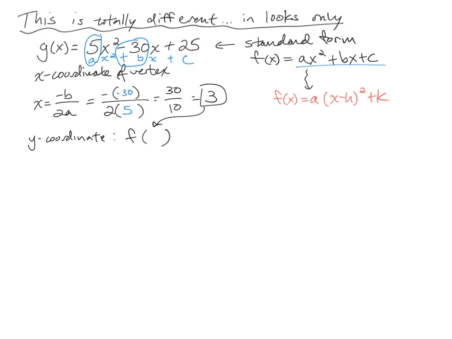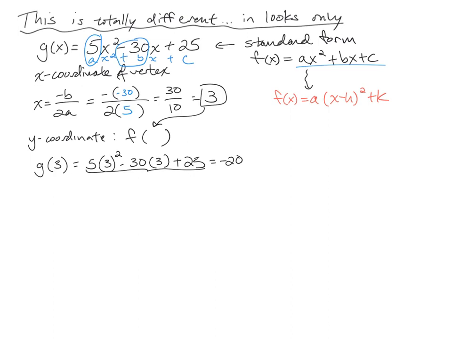I understand it's a different name, but we would just have to find g of 3, which means I replace all of the x's with a 3. 5 times 3 squared minus 30 times 3 plus 25. And when you number crunch all this out in a calculator, you'll get negative 20.